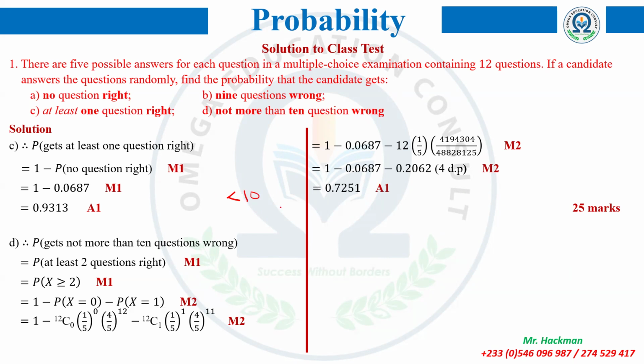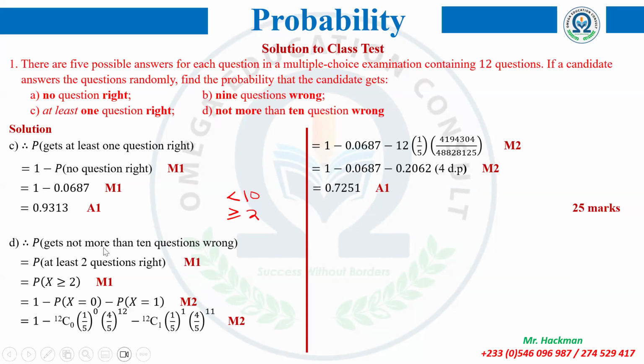But in actual fact, that will be the same as at least 2 questions right. So its opposite will be greater than or equal to, on your right, which will be what? You have a total of 12, so that would be 2. So when I'm done and you still have questions to ask, you ask, I'll go back and explain.